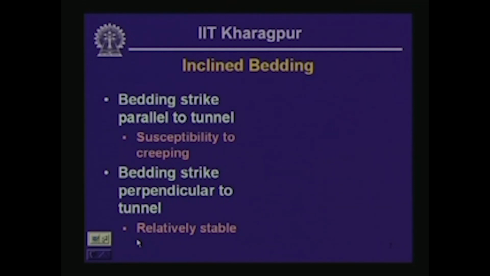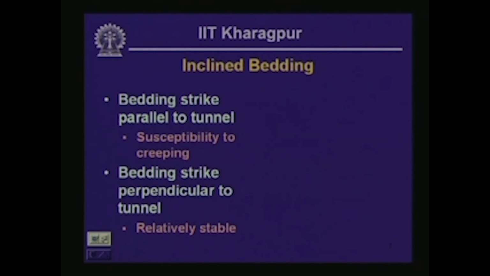The second type of problem that we consider here is related to inclined bedding. So, what we are going to consider here are two cases. In the first case, the bedding strike is parallel to the tunnel, and the second case we are going to consider when the bedding planes strike perpendicular to the tunnel.